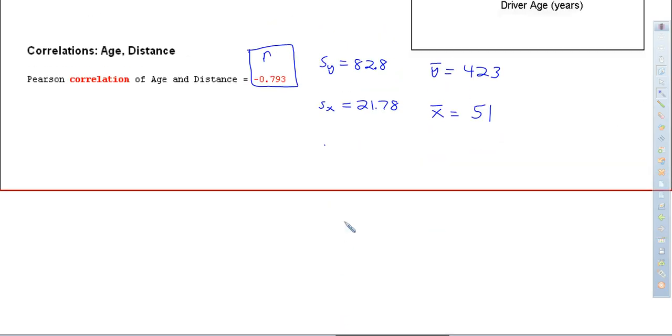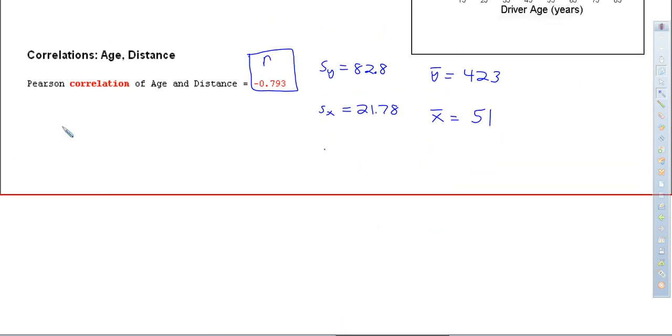Make a little room down here. So first thing, we need our m equals, and this is where you're going to want your calculator, make sure you can get this plugged in and get these values. m is r times the standard deviation of y over the standard deviation of x.